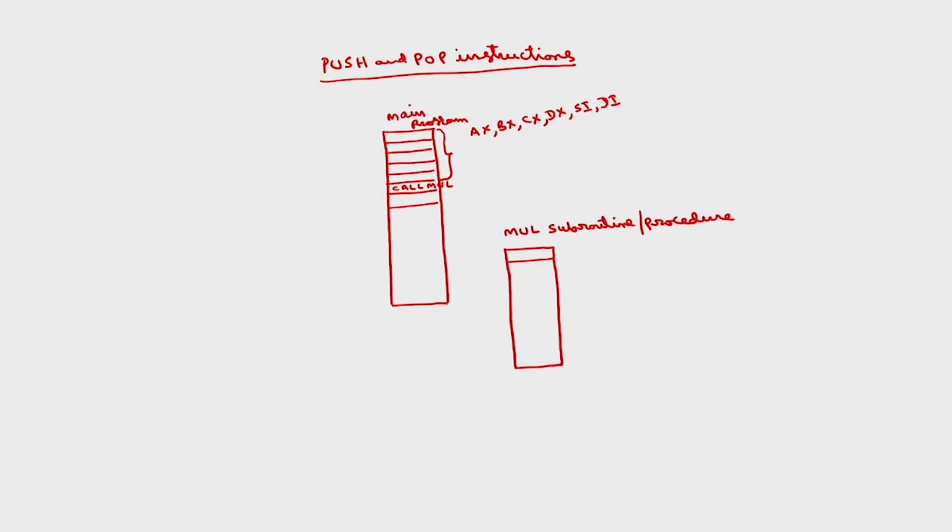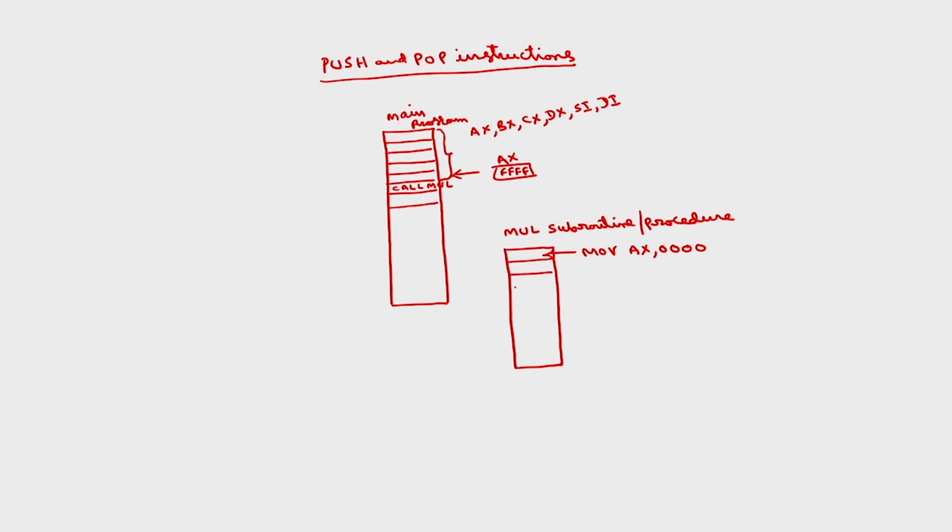Suppose the contents of AX are FF. If I directly call this subroutine, and in it I write an instruction like MOV AX, 0000, what happens? These contents will be lost.